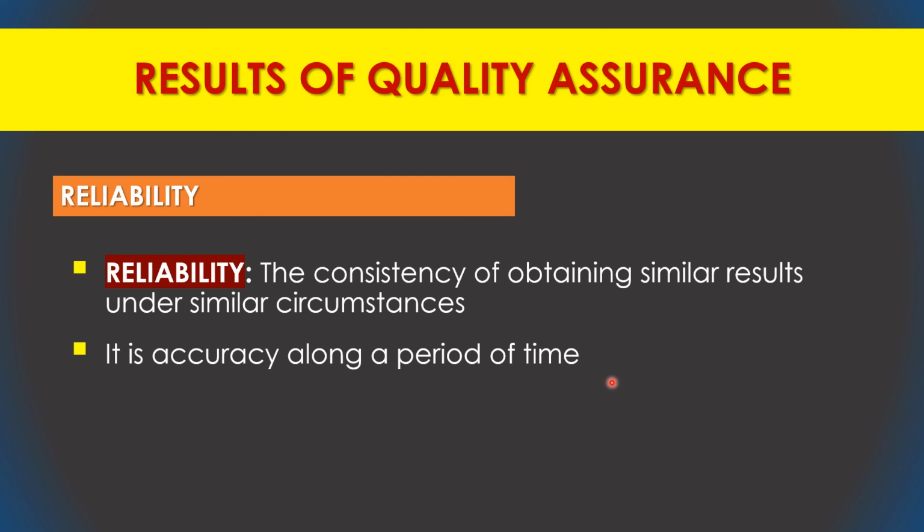It is accurate in different circumstances, for example geographical, ethnic, age related, gender related. All the circumstances are variable, but still the test is reliable. So this is against time and against the other conditions of the patient, the conditions of the hospital, the ethnic groups.